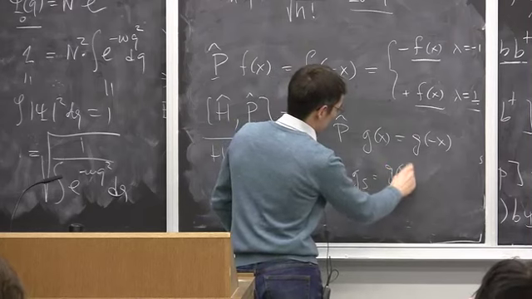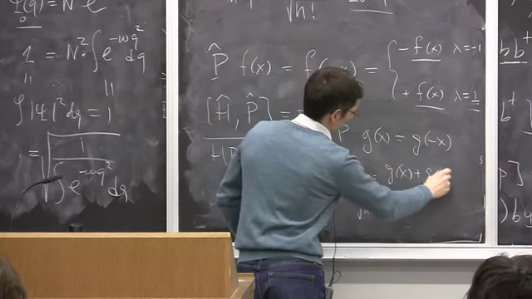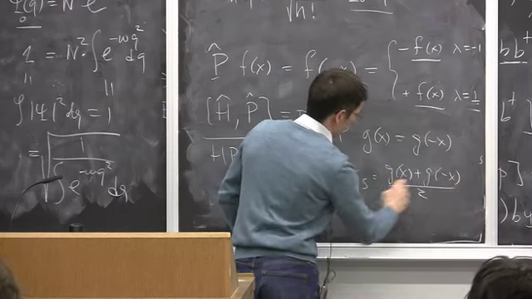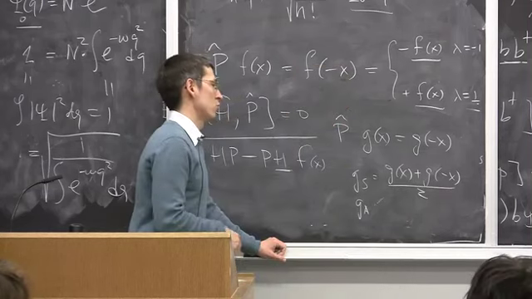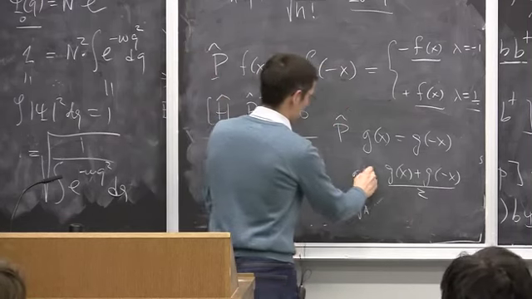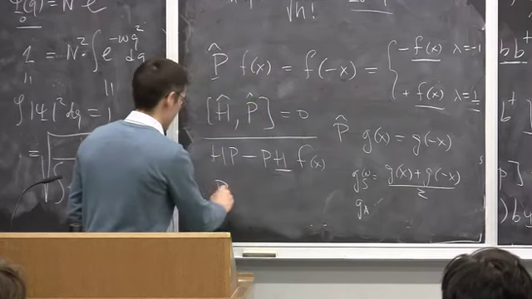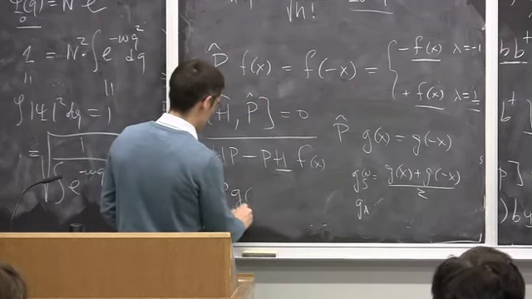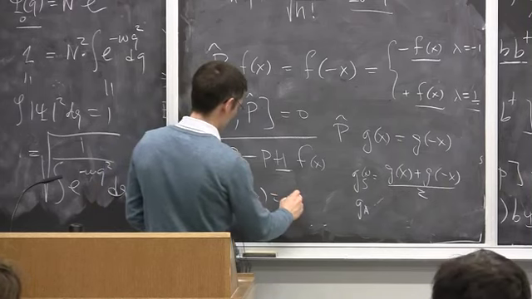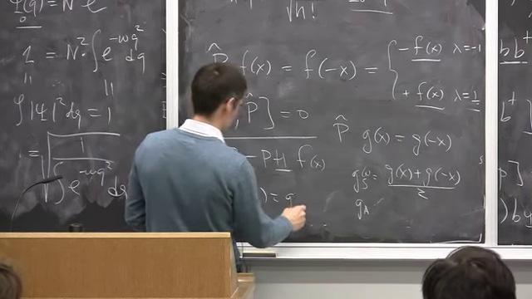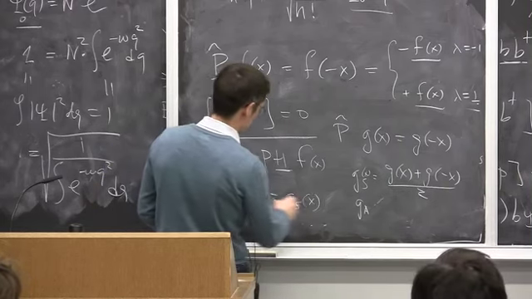You can take g of x plus g of minus x, and this will be a symmetric combination. Then the parity operator acting on it will always give g of x plus g of minus x back.